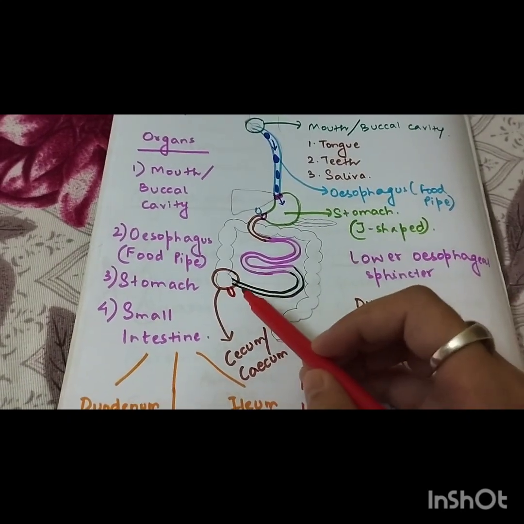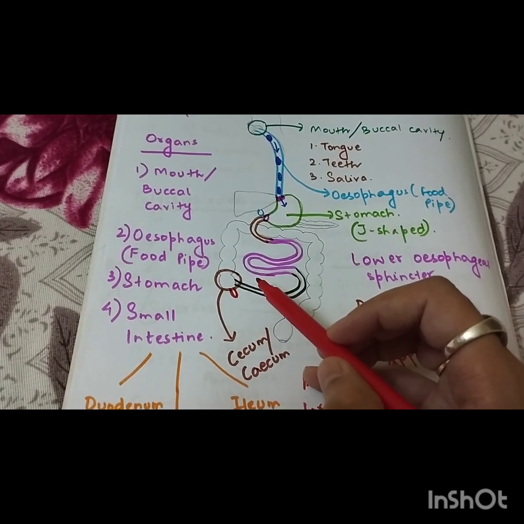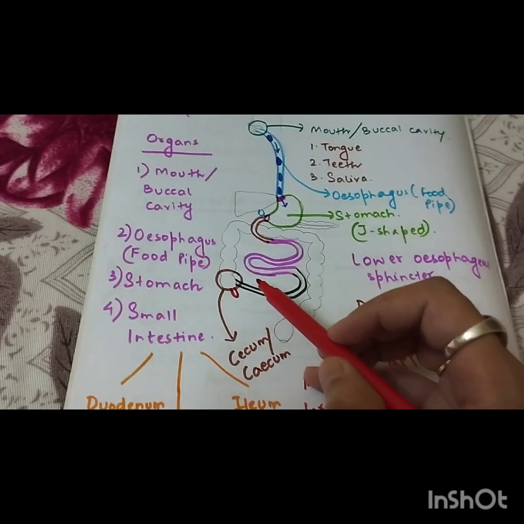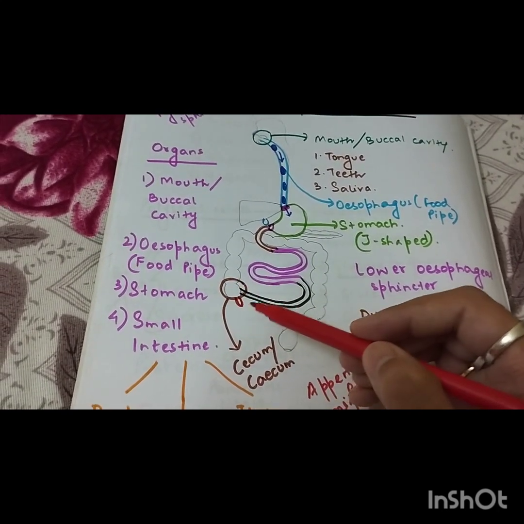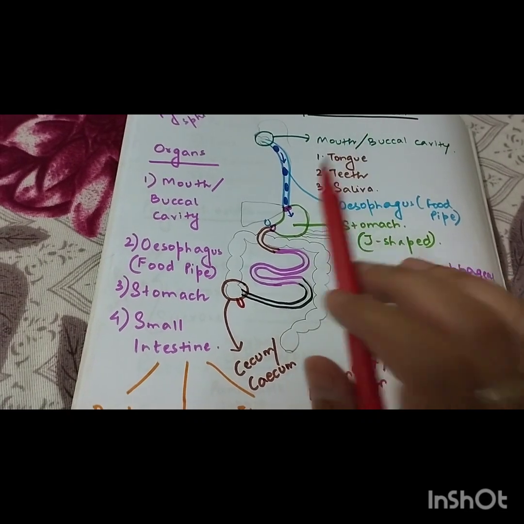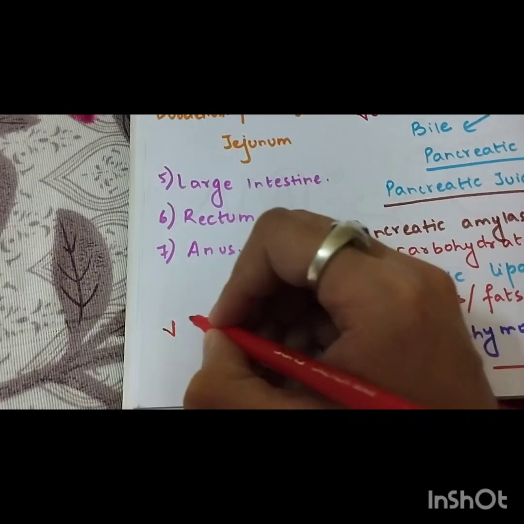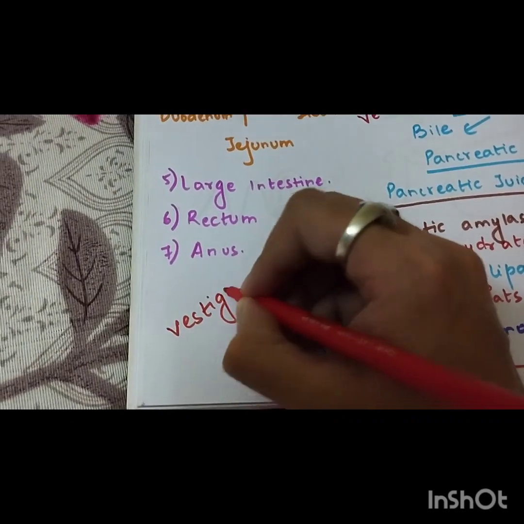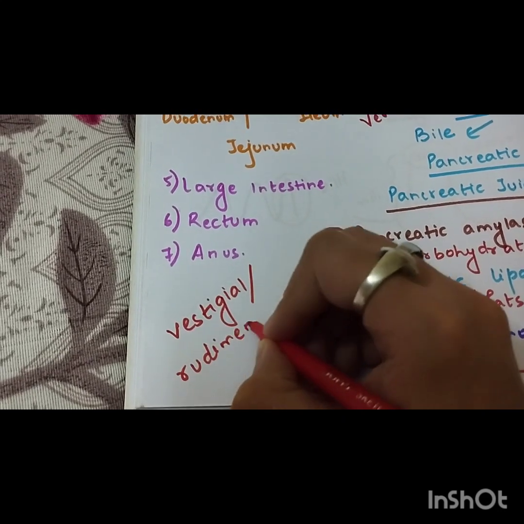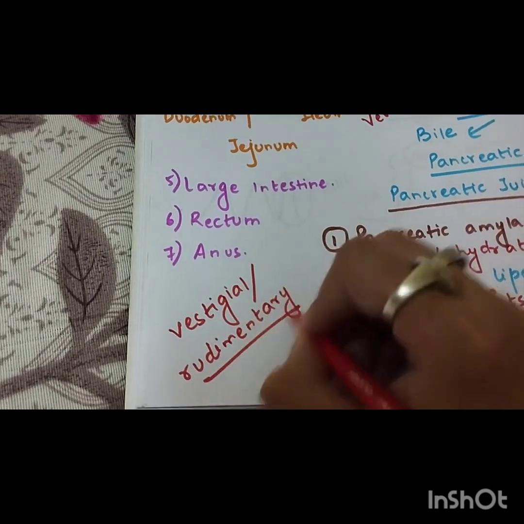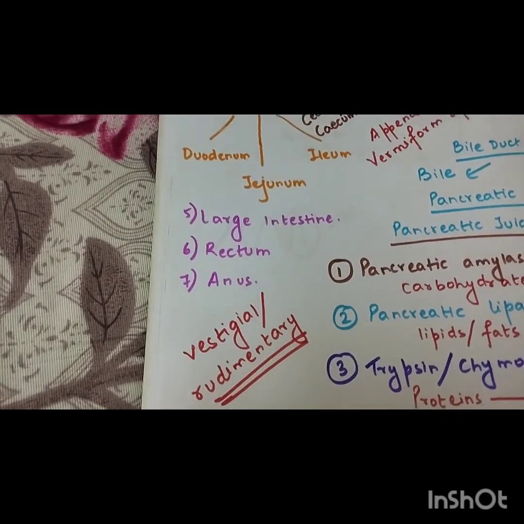Vermiform appendix is highly functional in all herbivorous animals like cows, goats, sheep. But in human beings, it does not have any function. The structure is only present inside the human body. So appendix is a vestigial or rudimentary organ. This means only the structure is present but with no function.